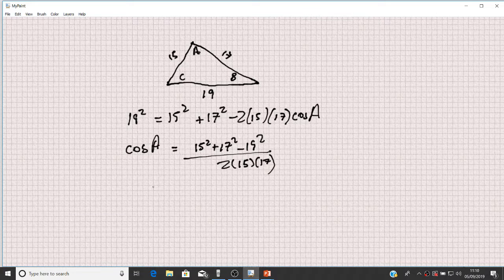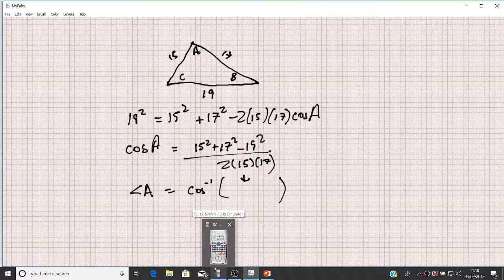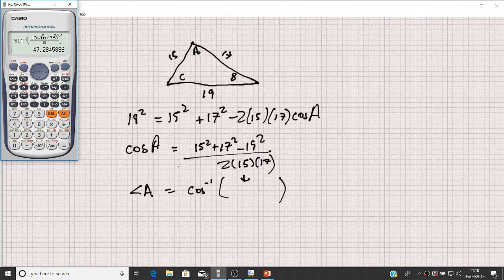And in fact, to find A, the angle at A is going to be cosine inverse of all of the above. So we'll just pull up the calculator and do that. Just clear down the last one. We're in degrees, so we're looking to do shift cosine inverse.